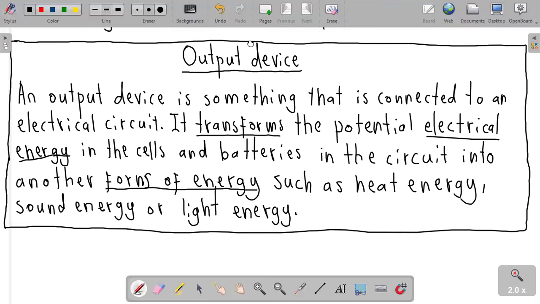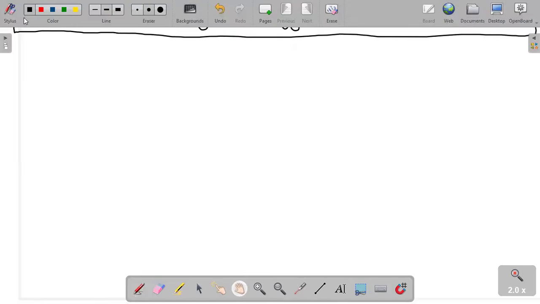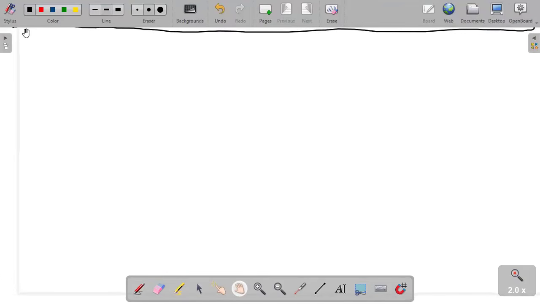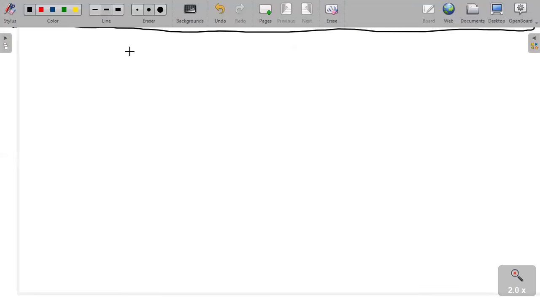Let us look at LEDs. These are other forms of output devices. LED is an abbreviation for light emitting diodes.